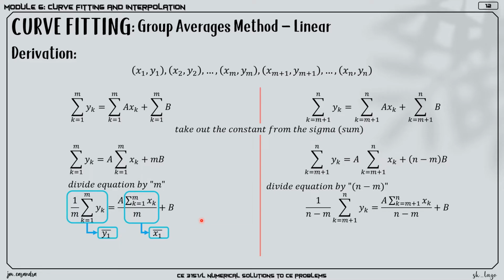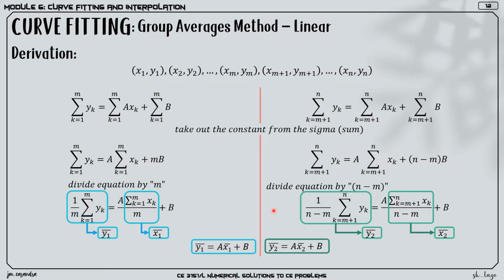Same for the second half, or the second group of coordinates. The left side is the average of y, and the first term of the right side is the average of x. So this is generally our equation for the averages for the first and second half of the coordinates for our linear equation.